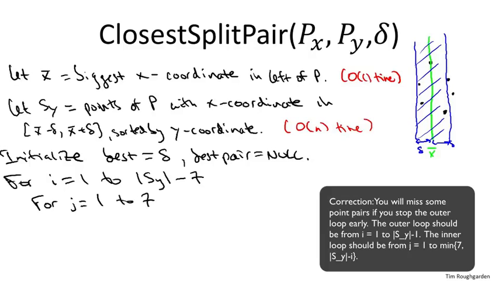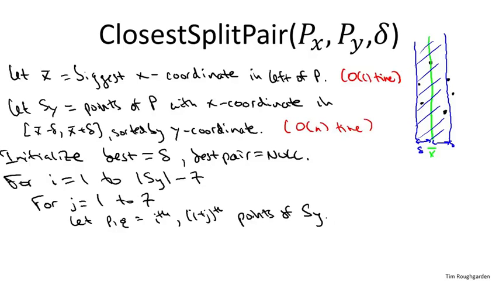If Sy looks something like this array here, at any given point in this double for loop, we're generally looking at an index i, a point in the ith entry of the array, and then some really quite nearby point in the array, i plus j, because j here is going to be at most 7. So we're constantly looking at pairs in this array, but we're not looking at all pairs at all.